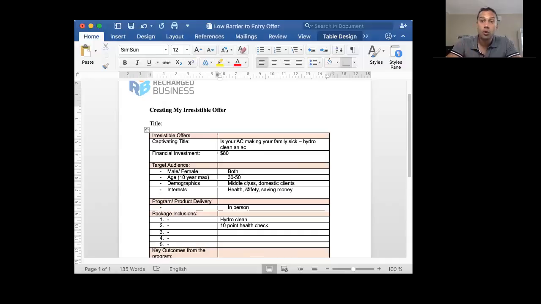Pool guys, lawn and garden care guys. For the lawn and garden care guys and the pool guys, most of your actual services cost under $100 for an average lawn mow and for an average pool service. So your main service is irresistible. If someone's got a pool, they have to freaking service it. If someone's got lawn, they can mow it themselves, or you're going to come up with an irresistible offer.